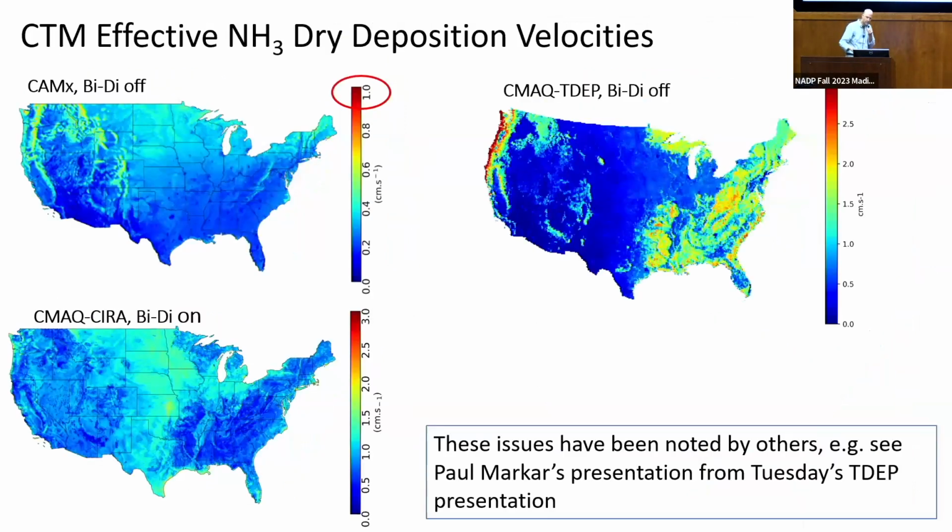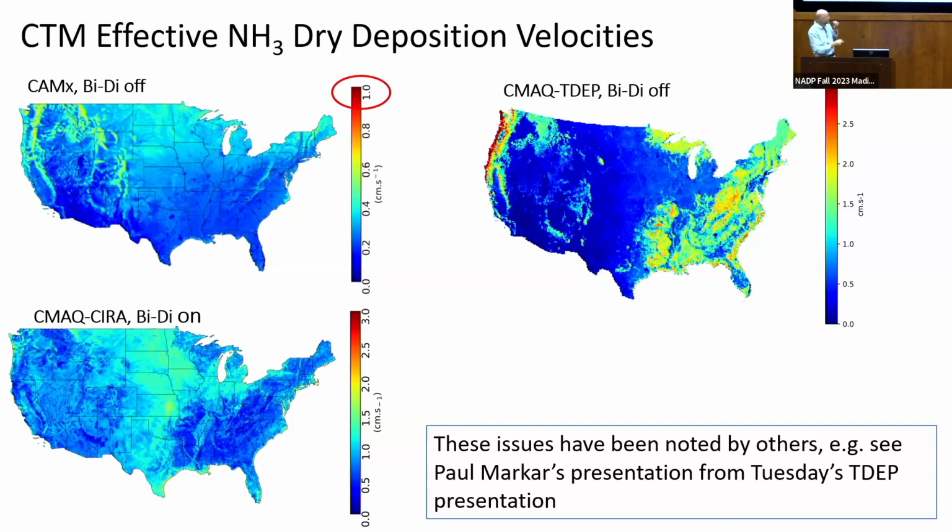I have to show this because Greg Beachley, Colleen, John, when we started to get into this, we had to contact people that knew something. And one of the things Greg gave us was the TDEP model results. That is a CMAQ run using the EQUATES deposition method with the emission potentials zeroed out, meaning there's no bidirectional flux.